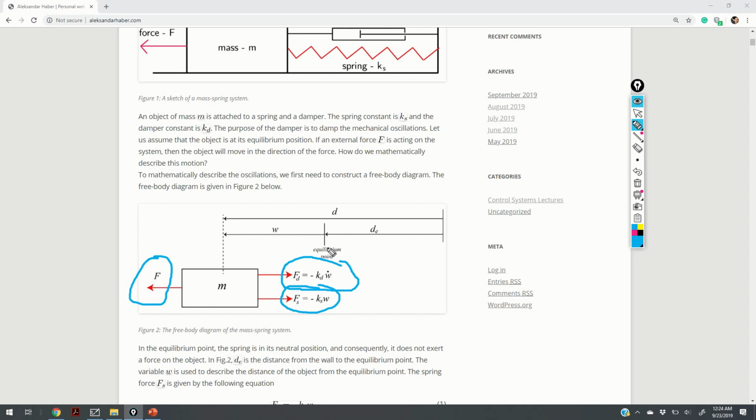If the force F is not acting, the system will settle at its equilibrium point, and this is the point. We will observe the dynamics with respect to the equilibrium point, and the displacements from the equilibrium point will be denoted by the variable w.